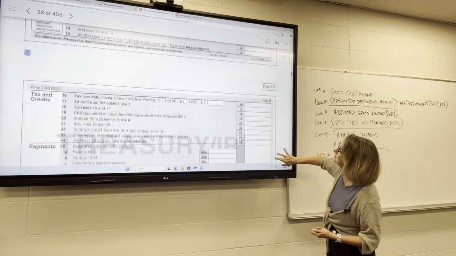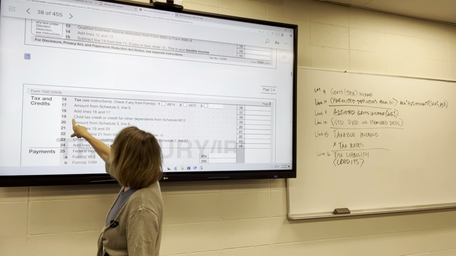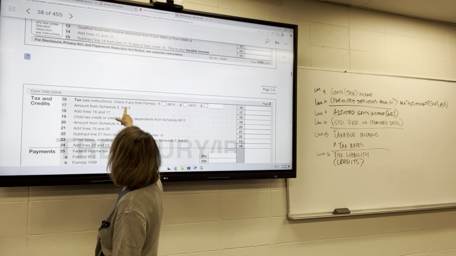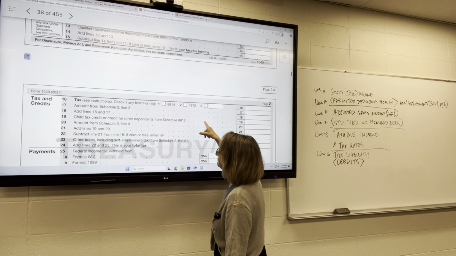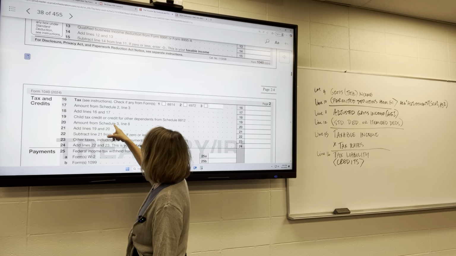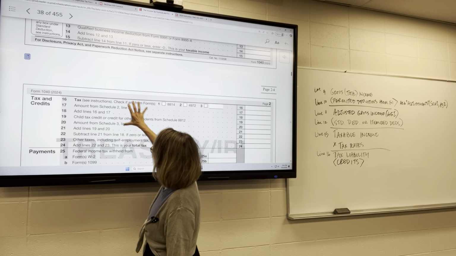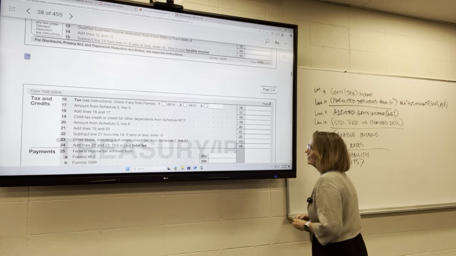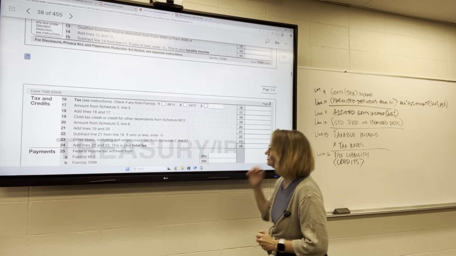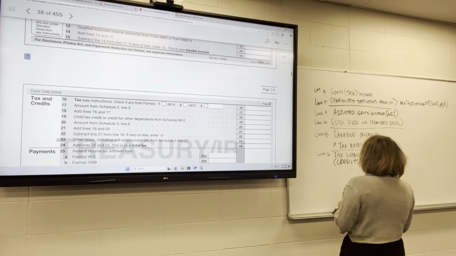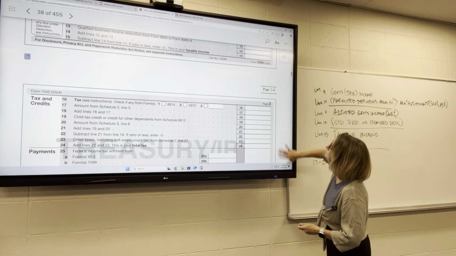Tax credits like, let's see, Schedule 2 has tax credits on it. Line 19 is a type of credit. Schedule 3 has certain credits on it as well. So these are going to be anywhere from lines 17 through 22, those credits.